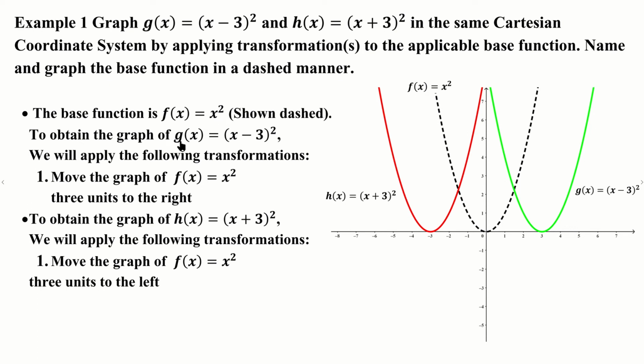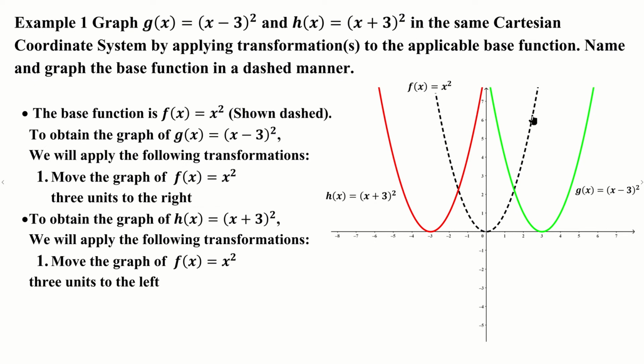So to obtain the graph of g of x equals quantity x minus 3 squared, remember, that's going to be f of x minus 3. So we're going to be moving the graph of x squared 3 units to the right. So this right here in green is going to be the graph of quantity x minus 3 squared.